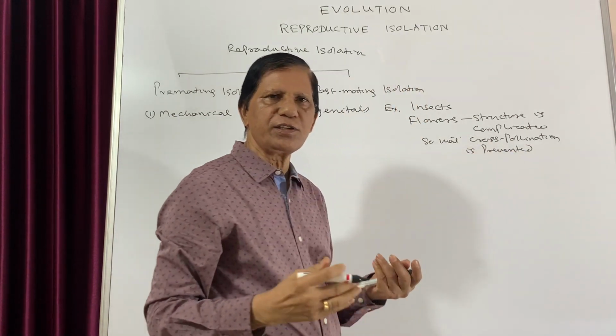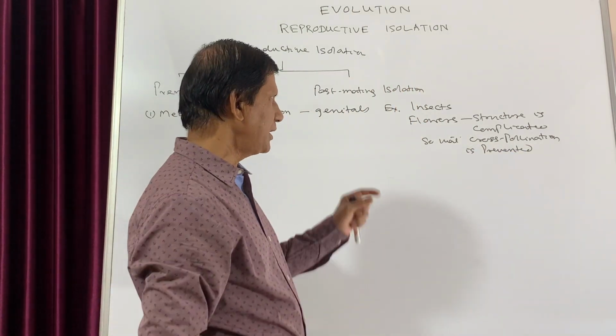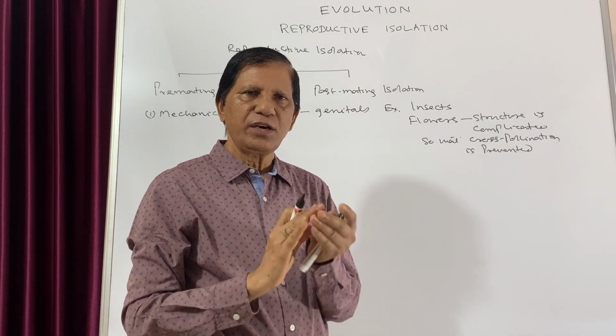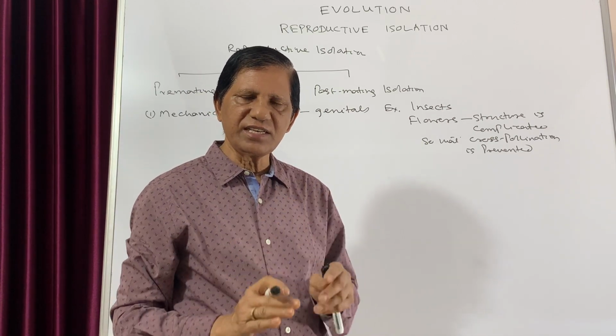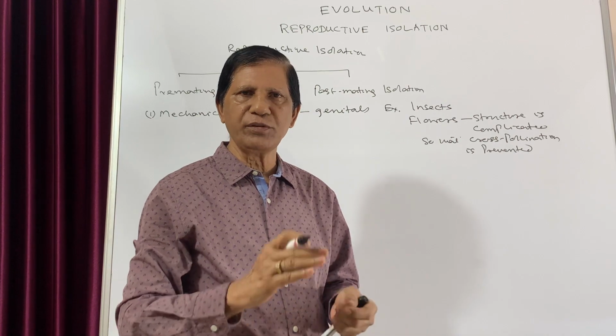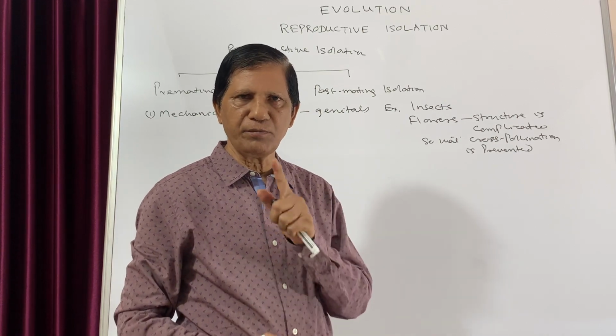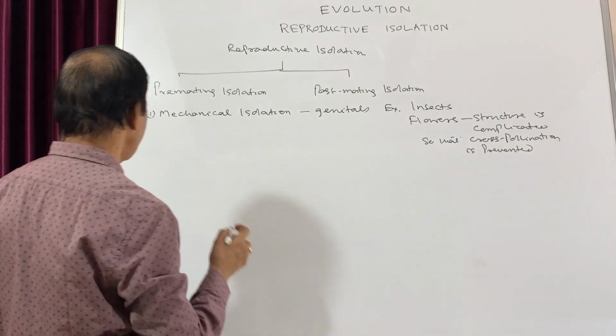That means cross-pollination cannot take place. So when the reproductive structures and their size are completely different between male and female, this forms one barrier, that is mechanical isolation.